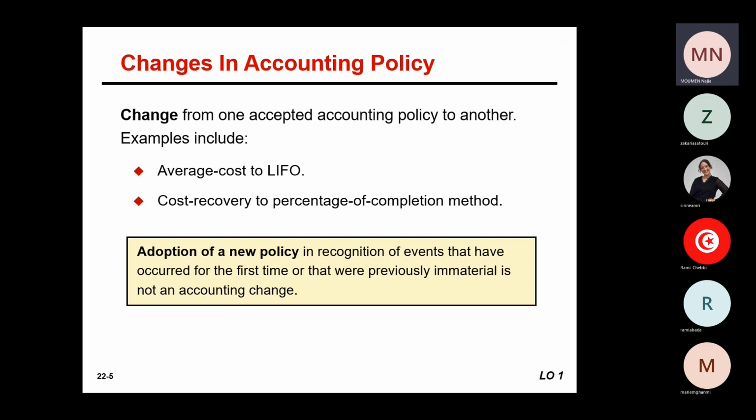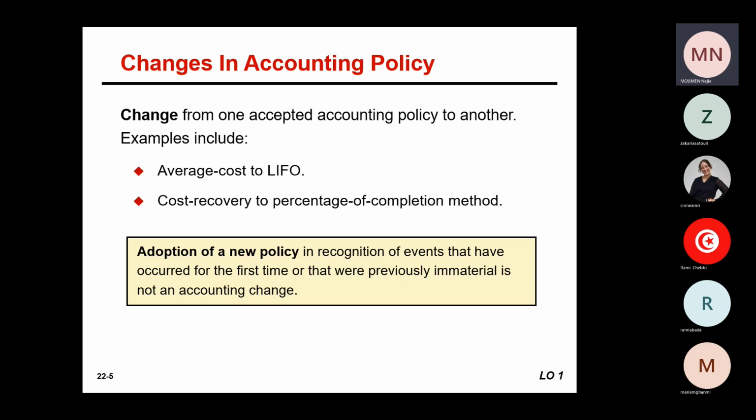Okay, so before talking about these errors, etc., we'll have to define in a concise way what is a change in accounting policy. Okay, so please, again, that's really important. A change in accounting policy must be from one accounting policy that is accepted to another one also accepted.